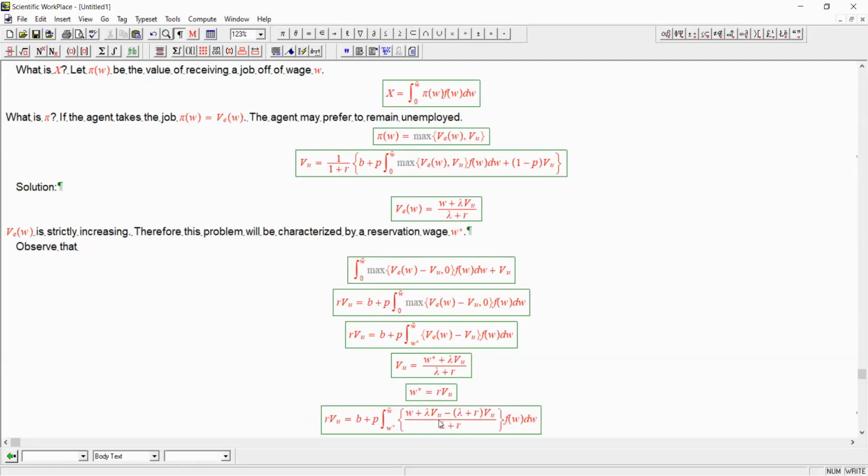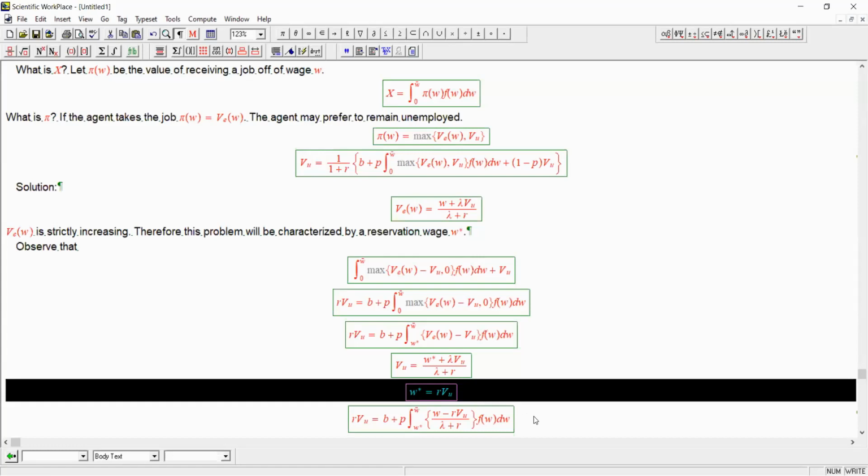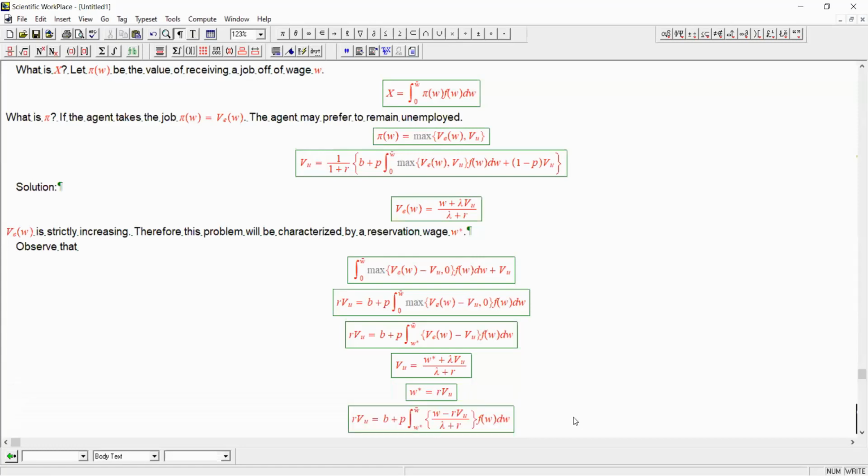And we realize that lambda times VU is redundant here. And we have this expression, which is much simpler. So now we are down to two equations, this one and this one. And we have two unknowns, W star and VU. Everything else has been eliminated.